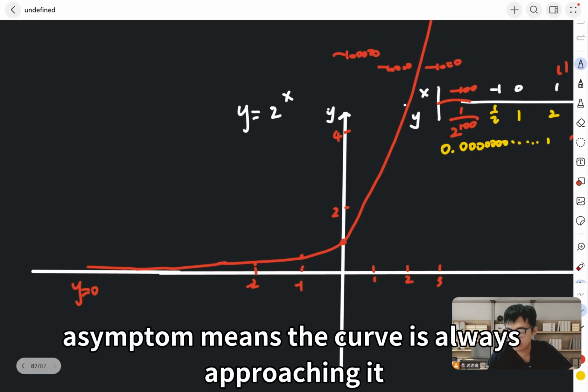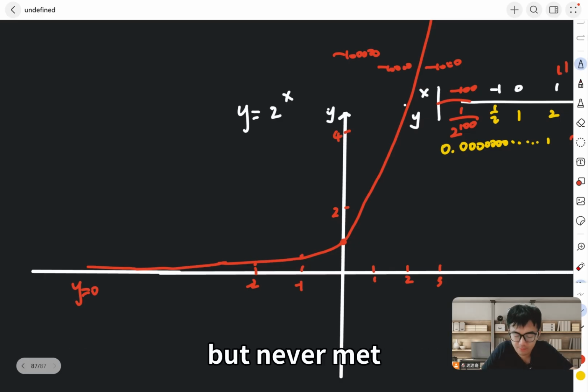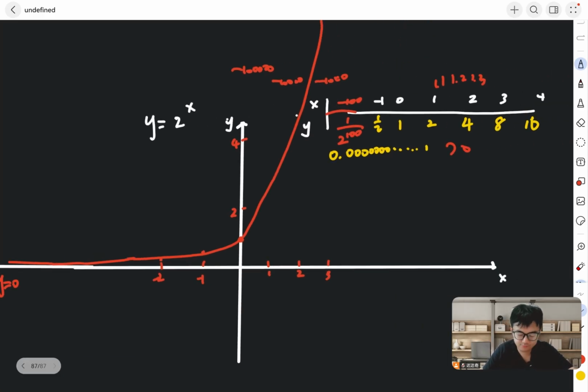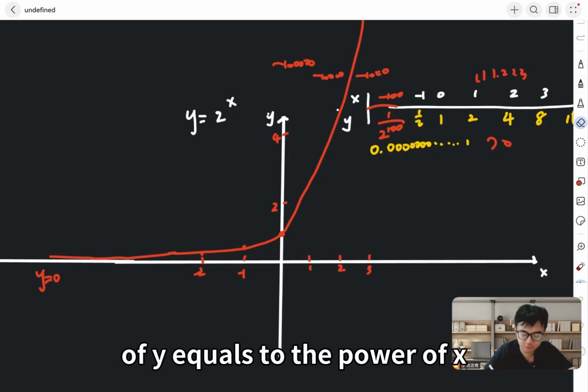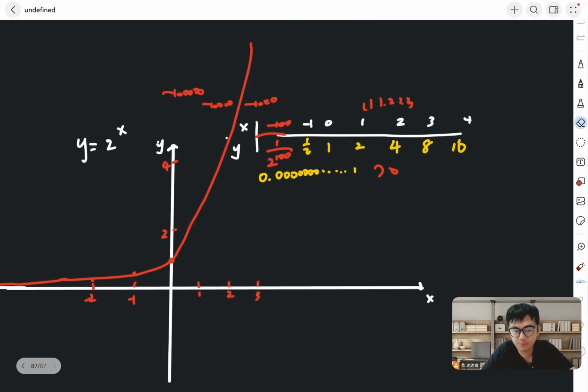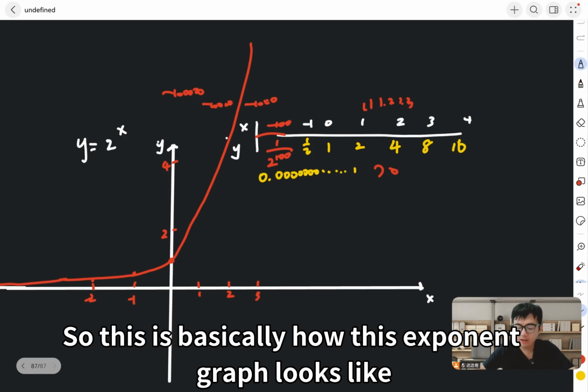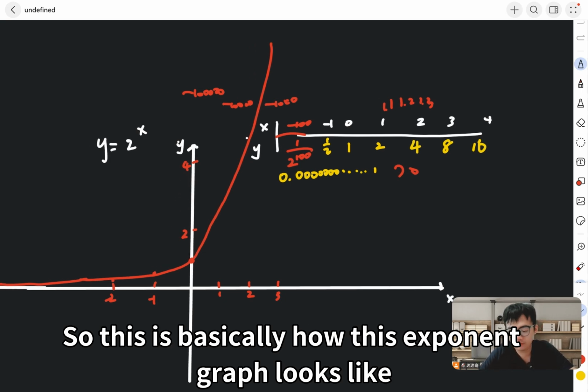Asymptote means the curve is always approaching it, but never meets it. Y equals 0 is the asymptote of y equals 2 to the power of x. So this is basically how this exponential graph looks.